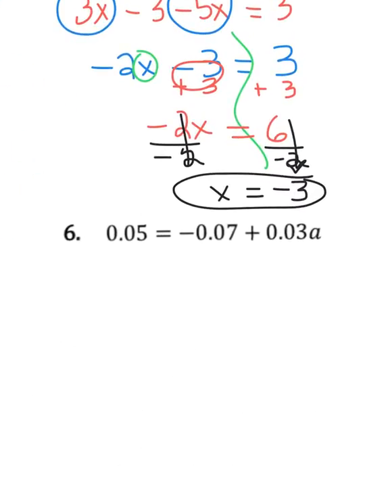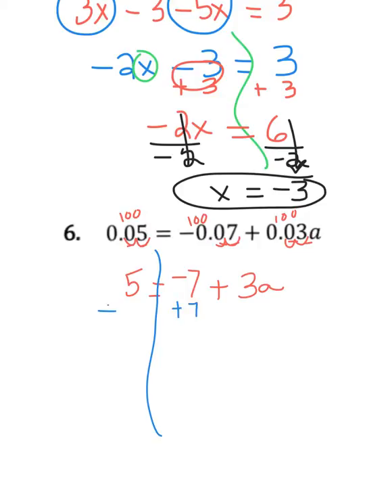Here's another decimal problem. In this case, I notice they're in the hundredths. So if I multiply each term by 100, I can move the decimals to the right. All right, so this is going to be 5 equals negative 7 plus 3a.